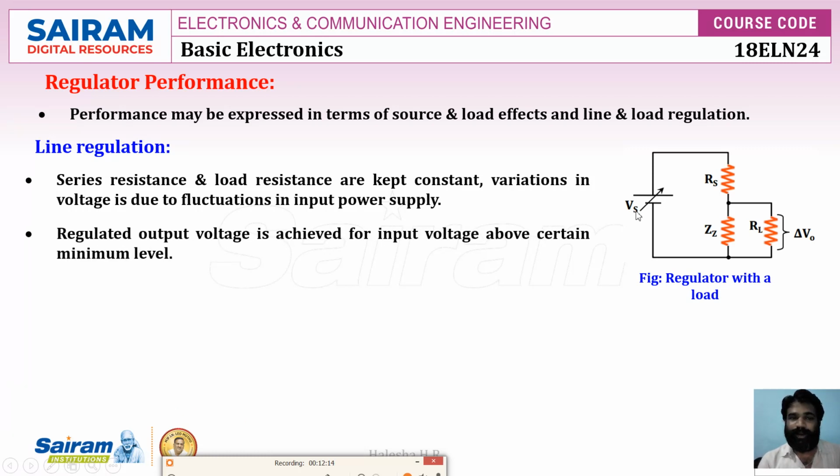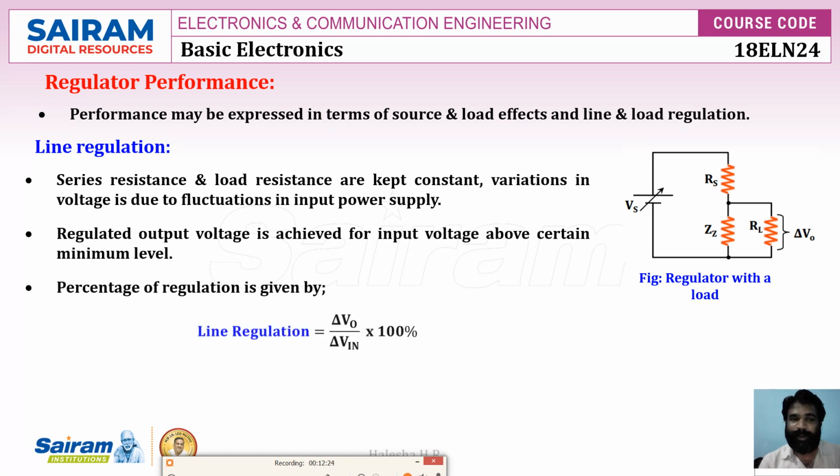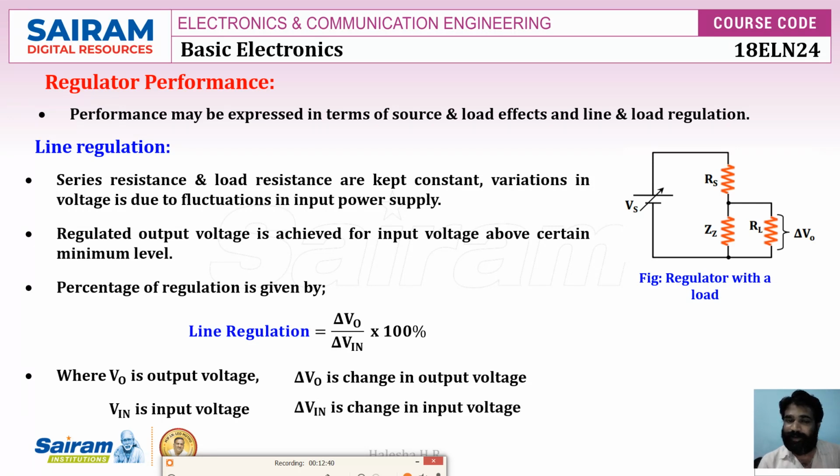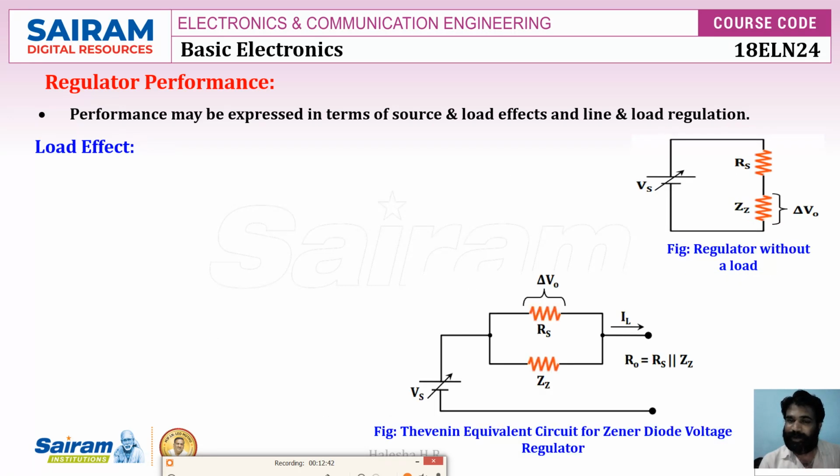So the regulated output voltage is achieved for input voltage above a certain level. That level is called the Zener voltage. So the percentage of regulation is given by change in output voltage divided by change in input voltage into 100%. V naught is the output voltage, V in is the input voltage, delta V naught is the change in output voltage, and delta V in is the change in input voltage.